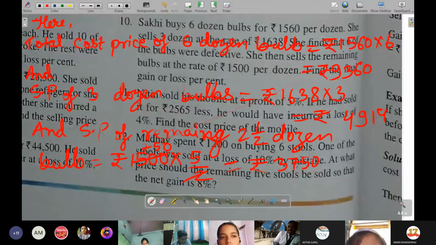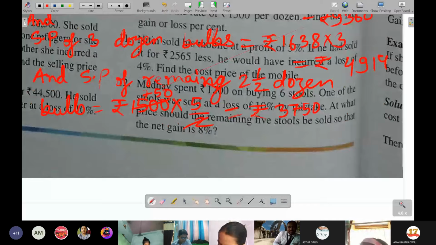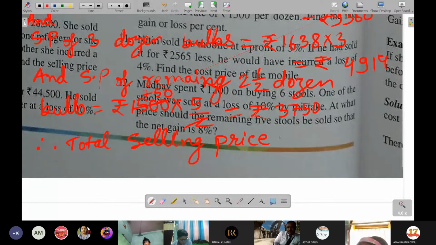So you can write now therefore total selling price is equal to rupees 3,750 plus what was earlier 9,360.